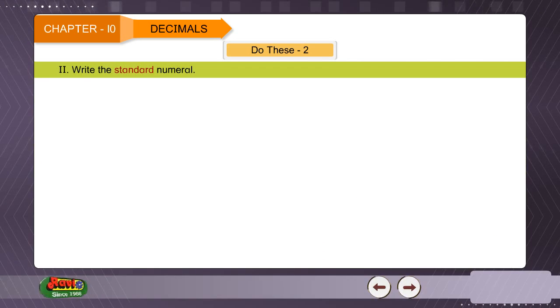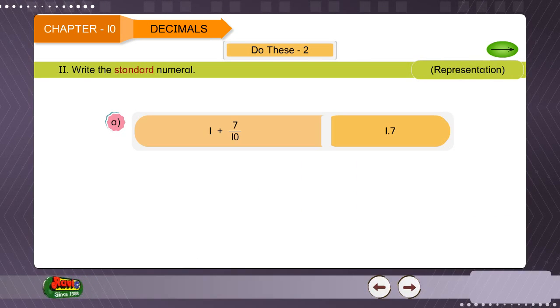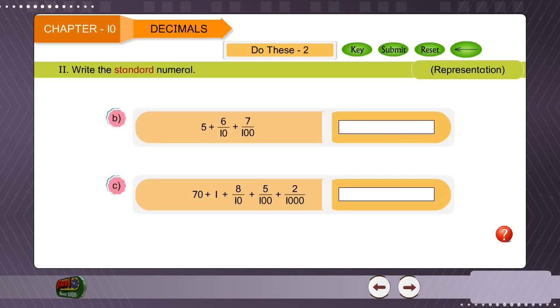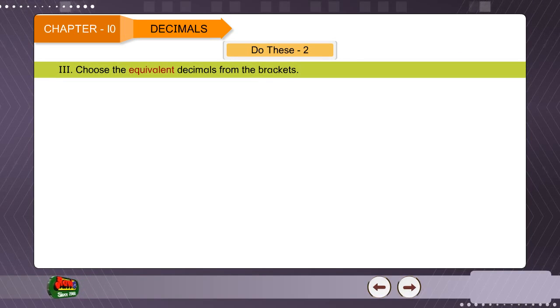Write the standard numeral. 3. Choose the equivalent decimals from the brackets.